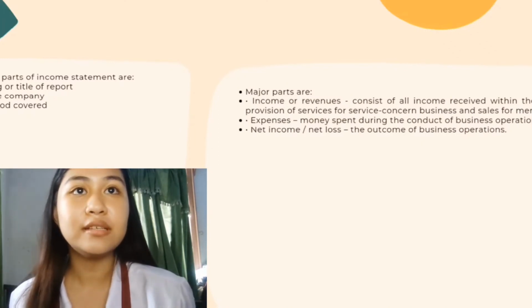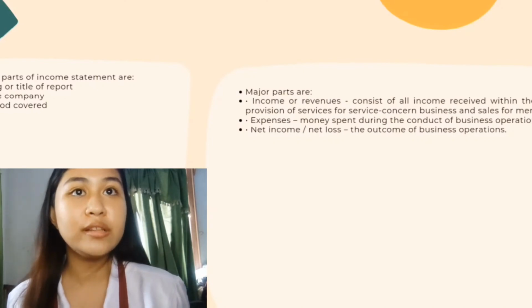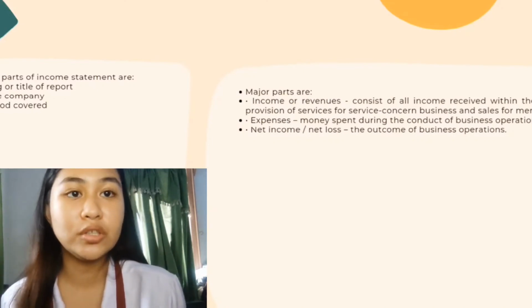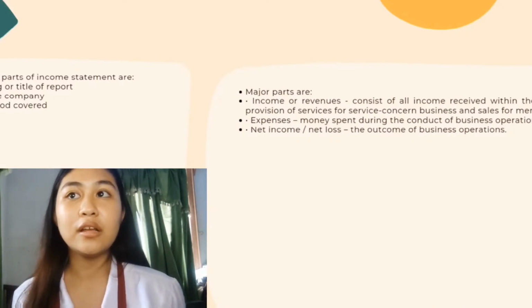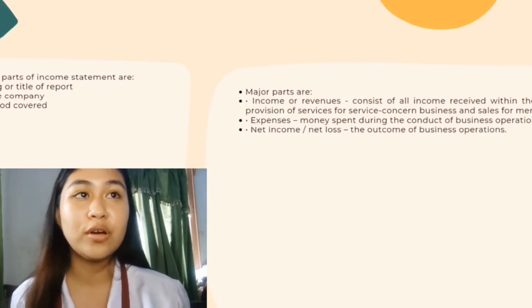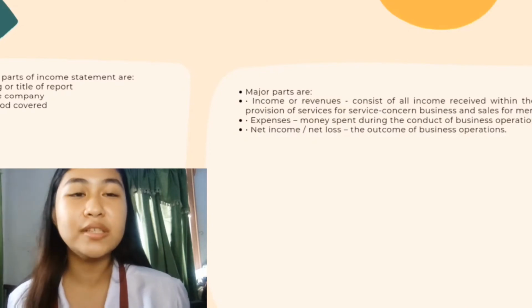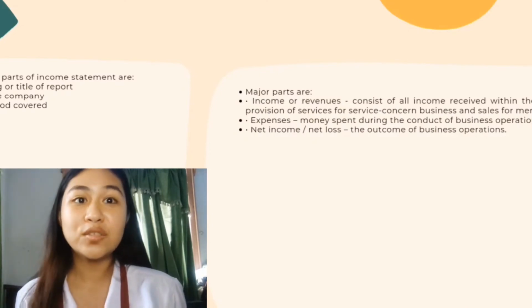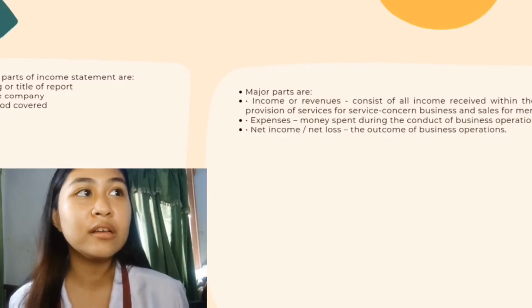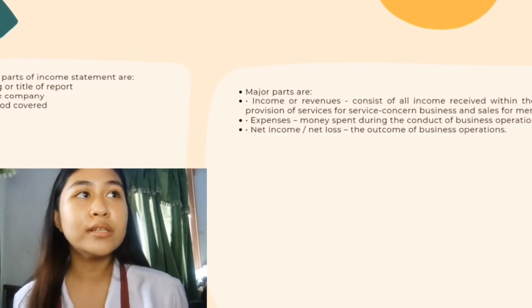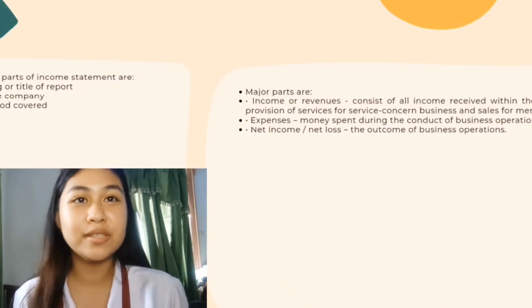So expenses, money spent during the conduct of business operations. So expenses is katong nagasto nimo sa imong business. Example sa expenses is katong nagasto nimo sa materials sa imong business or sa utilities or etc. Basta kay nagasto nimo sa imong business.